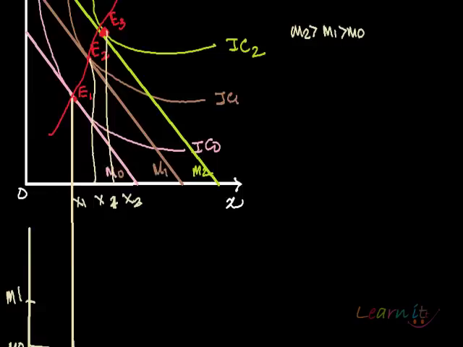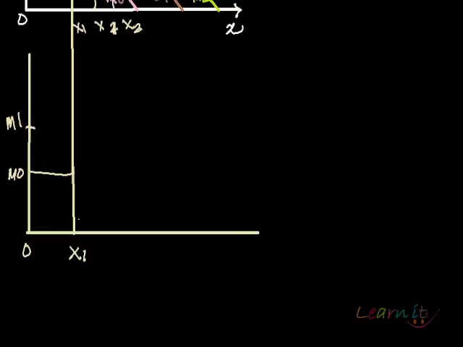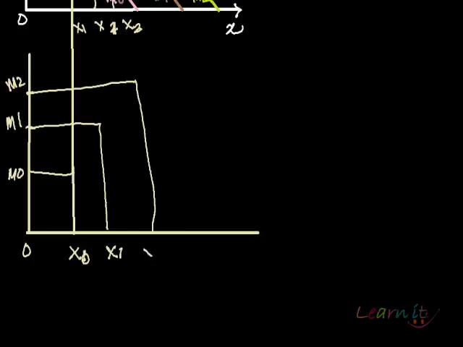With an increase in income, you are consuming a higher amount of X. Now if you join all of these points, and I'm sorry about my drawing, what you get is the Engel curve.